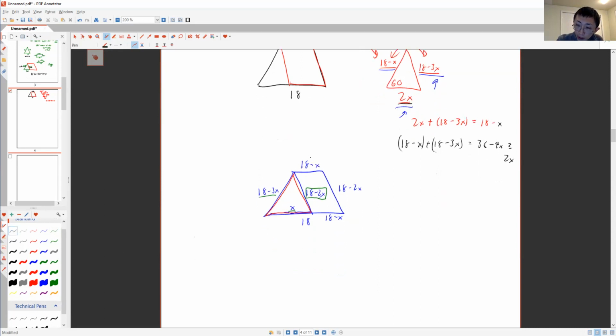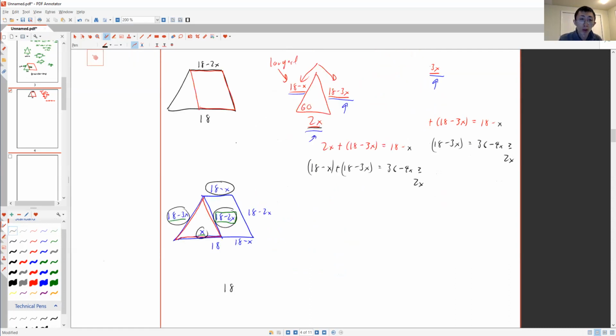So now we know that 18 minus x cannot be on the top, or else we'll have x plus 18 minus 3x equals 18 minus 2x. So the only possible value, whoa, not really sure what happened there. Let's see. So let's just continue.